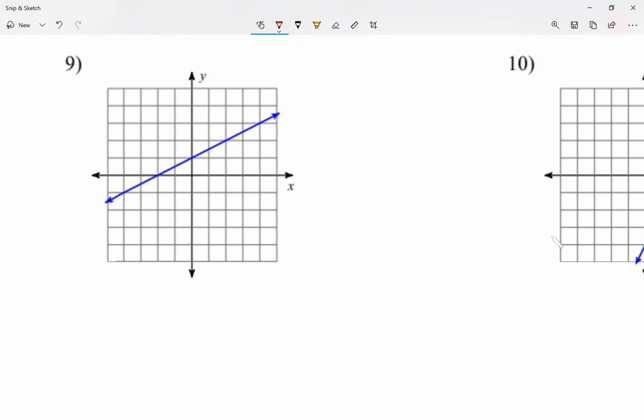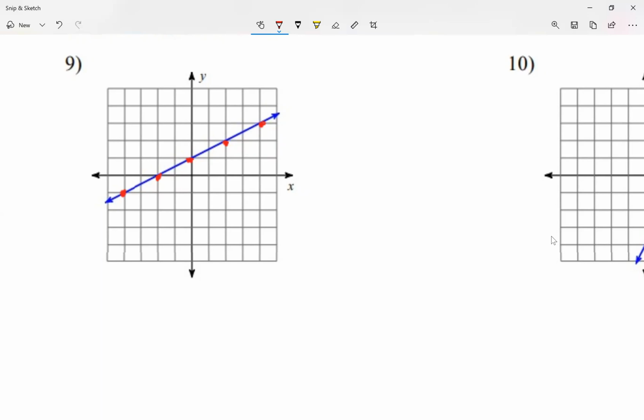Let me do 2 points that I can see the x and the y values. My choices, because I have choices in this case, it could be this point, this point, this point, this point, or this point. Those are my choices, right?